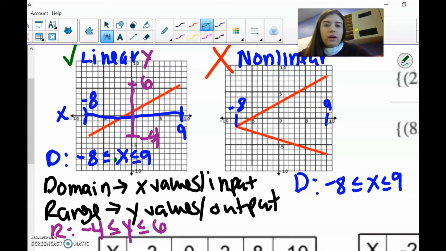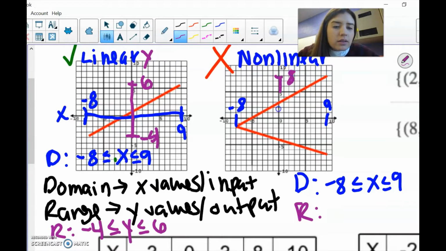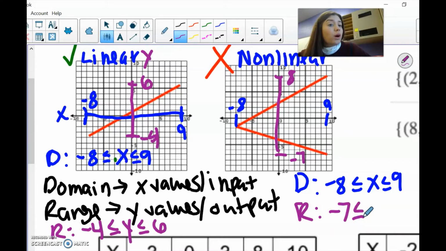Now we have our range, which is our y values, our y-axis. Our highest point here is an 8, and it goes all the way to our lowest point here, which is -7. So we have our smaller on the left, we have y in the middle, and then we have 8.